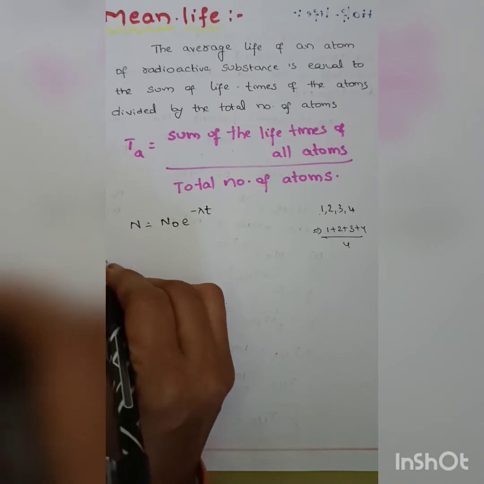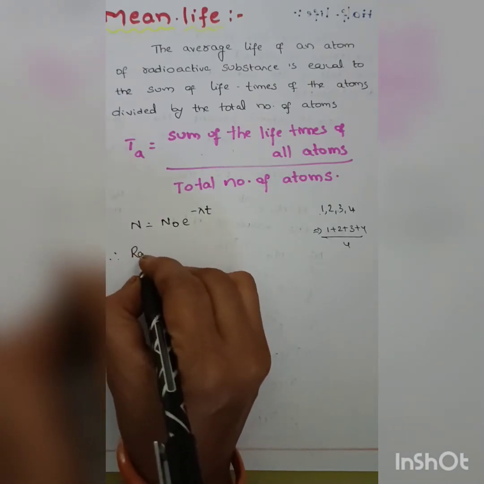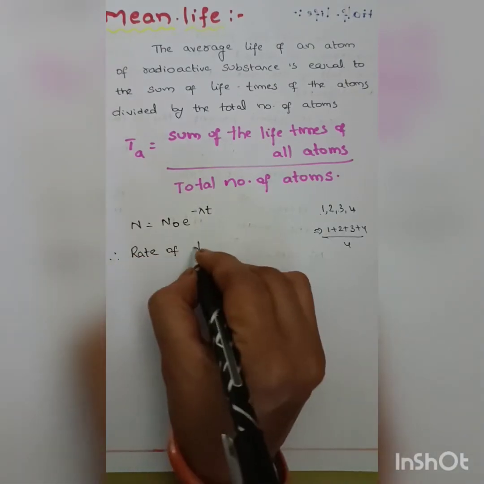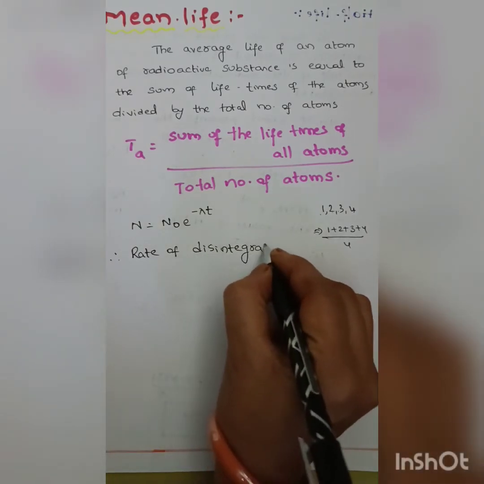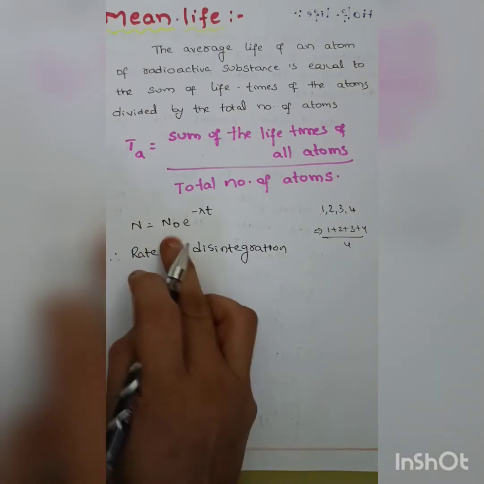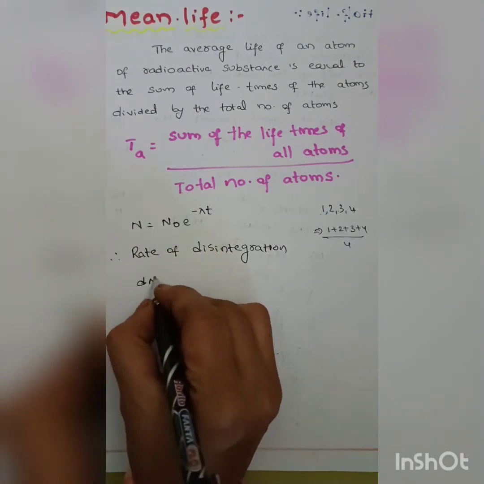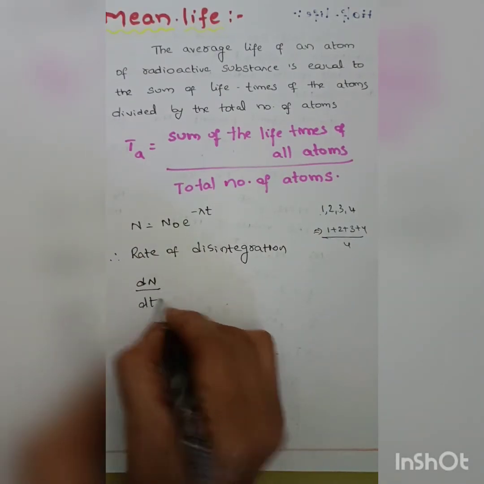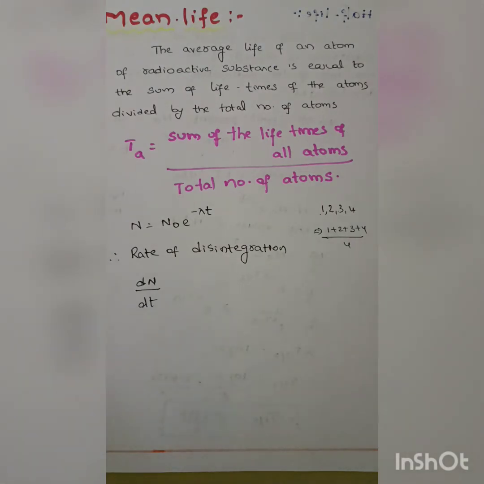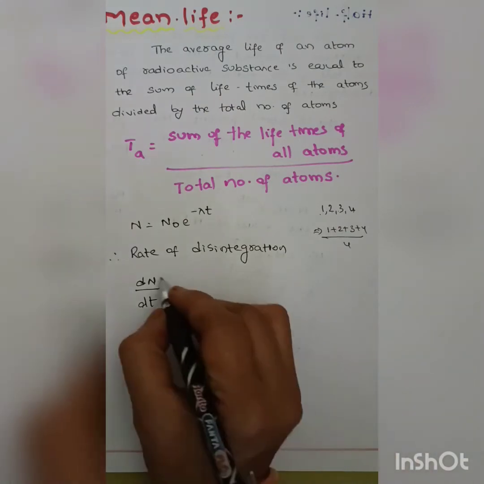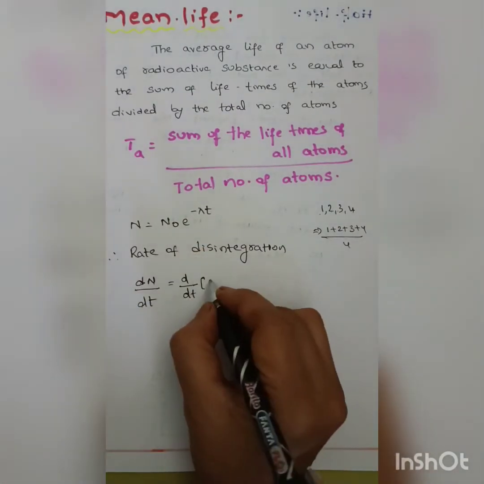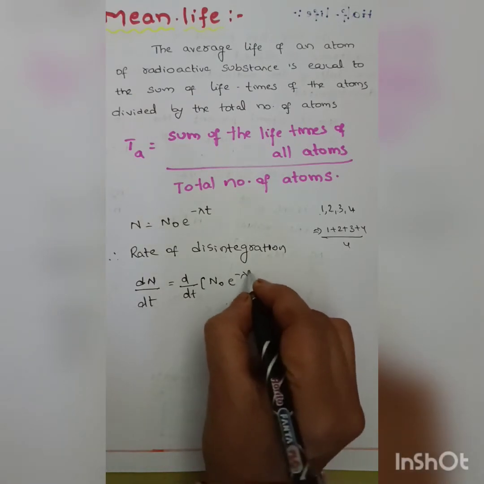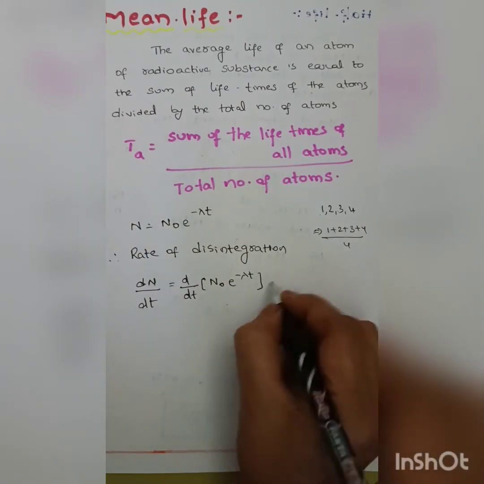Therefore, the rate of disintegration can be written as dN by dt. The rate of disintegration with respect to time, right? So dN by dt can be written as d by dt of N, which is N naught e power minus lambda t.